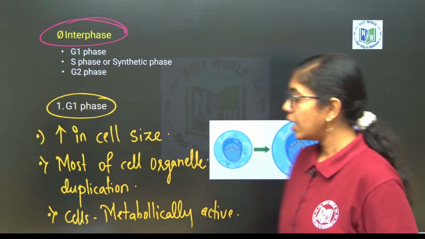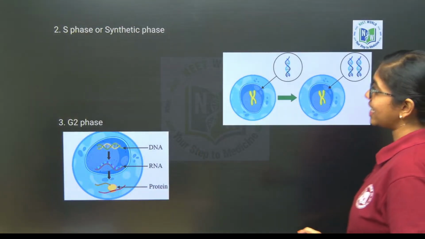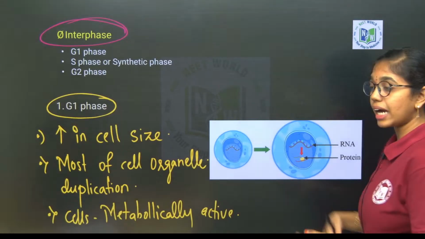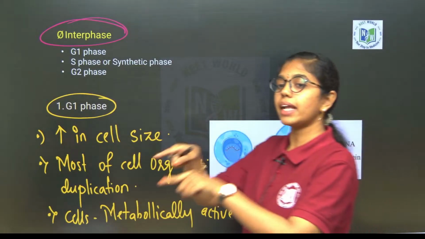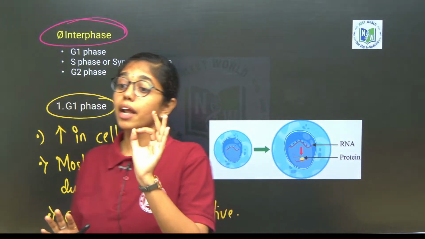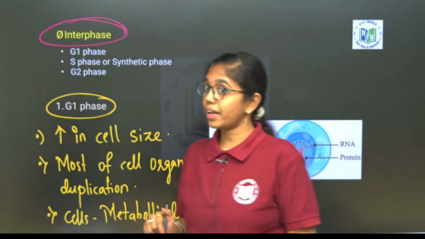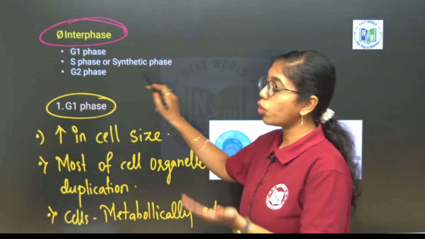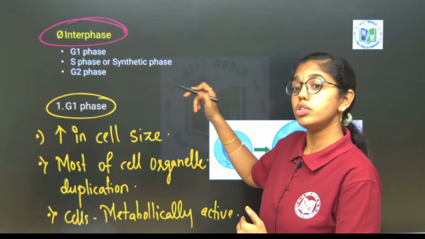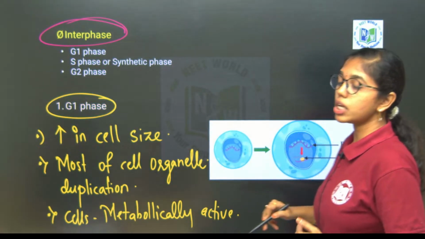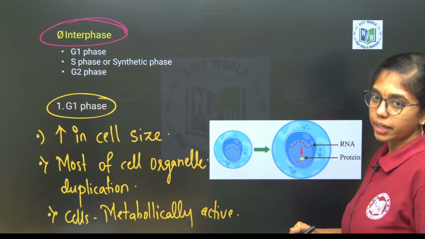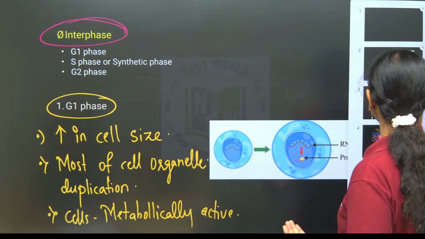Clear, right, ma? Next. So those cells which are continuously dividing, they will directly enter into the S phase. But there are few cells which rarely divide, like heart cells and nerve cells. Instead of going to S phase, they will move to G0 phase. G0 phase, which is also called as quiescent center, a quiescent stage or inactive stage.